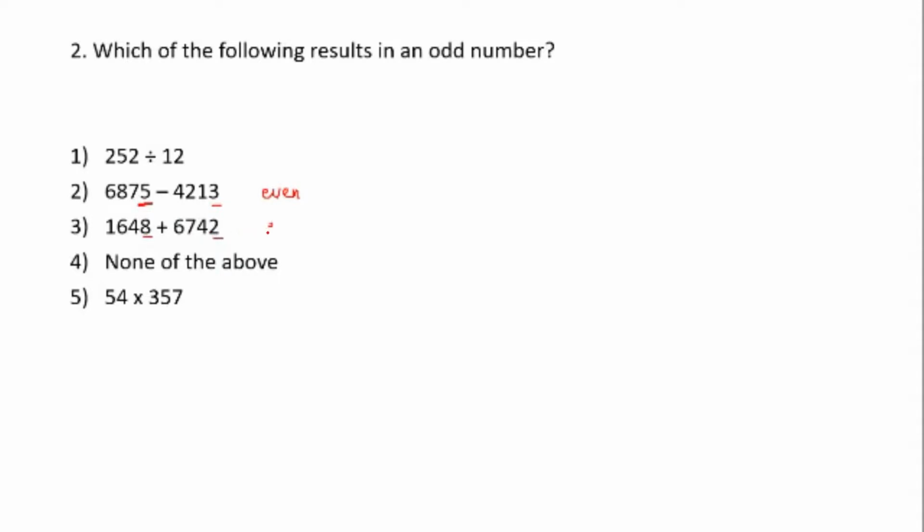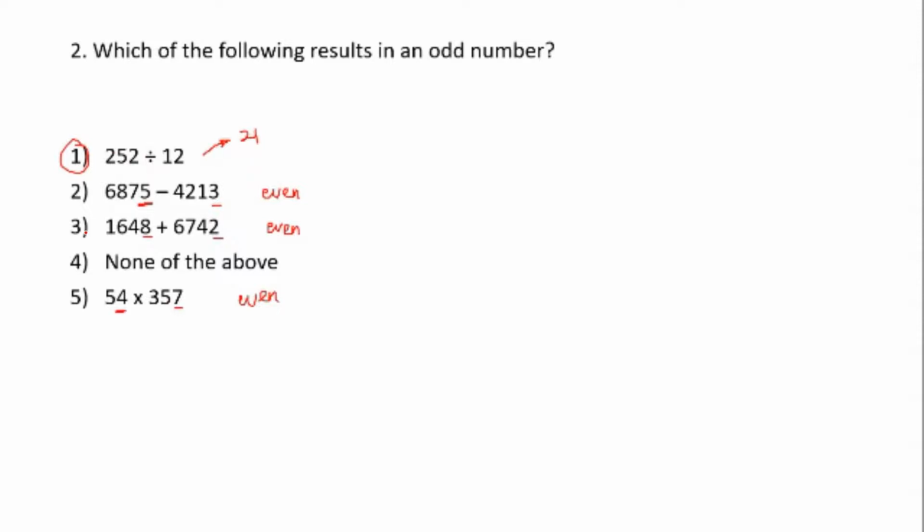Even plus even is also an even number. Even times odd is always an even number. So now it's only this one: 252 divided by 12. 12 times 20 is 240, that means 12 times 21 is 252. And this results in an odd number.